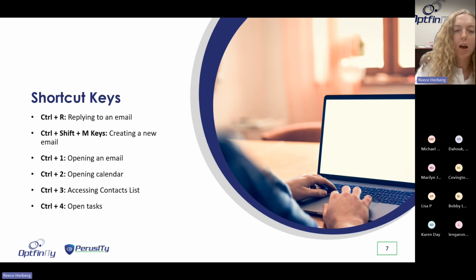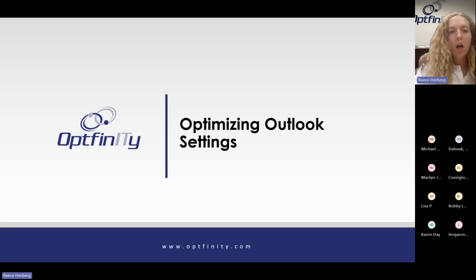But I'm going to quickly move on just so we can start to get into the meat of our presentation today. So, optimizing Outlook settings. Again, you're paying for your Microsoft plan, you're paying for these settings. So by not using them, you're losing out on the value of things that you're already paying a monthly subscription for.